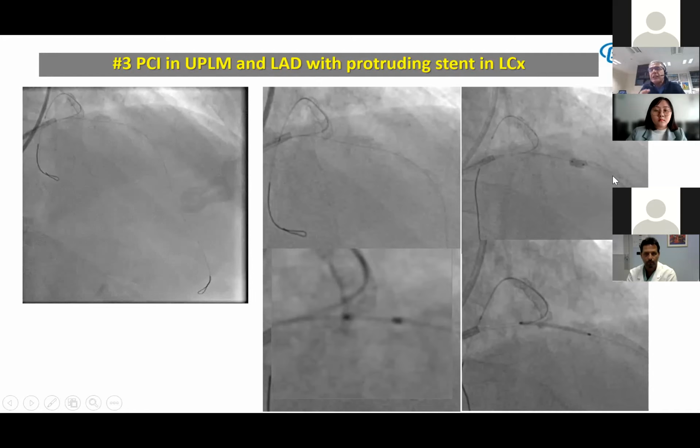This is a typical case where we can use a POT PTCA balloon for progressive tapering of the stent distally to proximally, changing the diameter to concentrate.